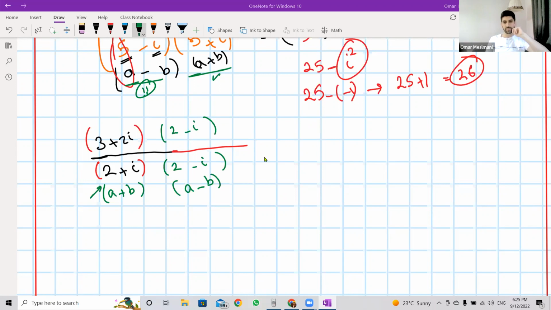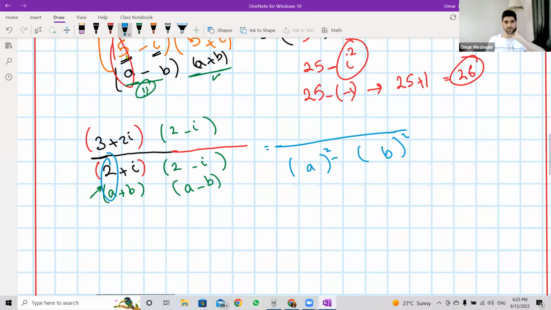All right. So basically, the denominator is going to be A plus B, A minus B. I'm going to apply my lovely formula, which is A squared minus B squared. I'm not going to touch the numerator for now. I will do it later. What is A? The A is obviously 2. What is B?